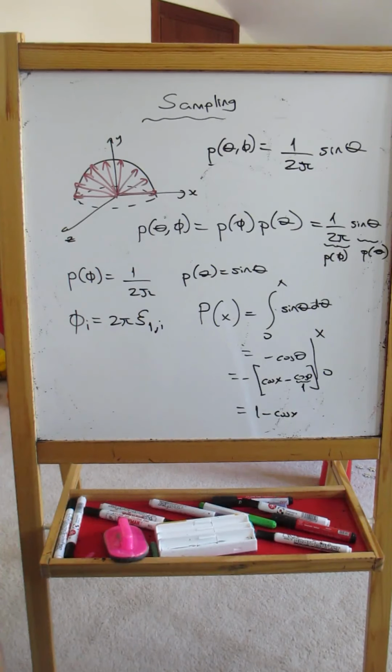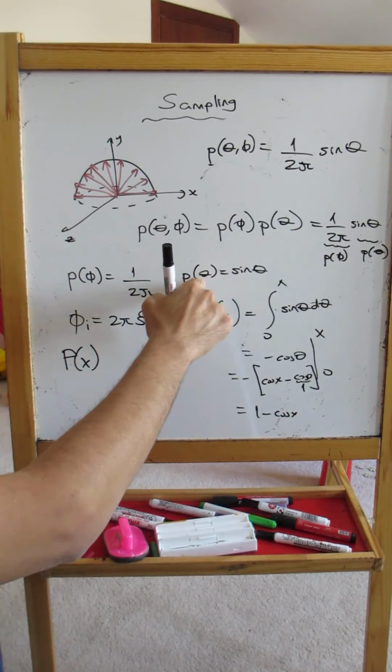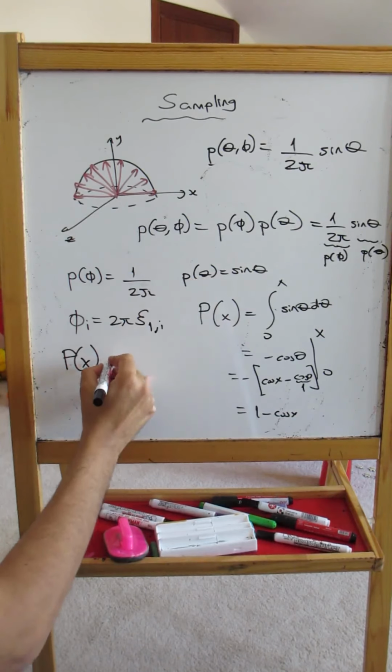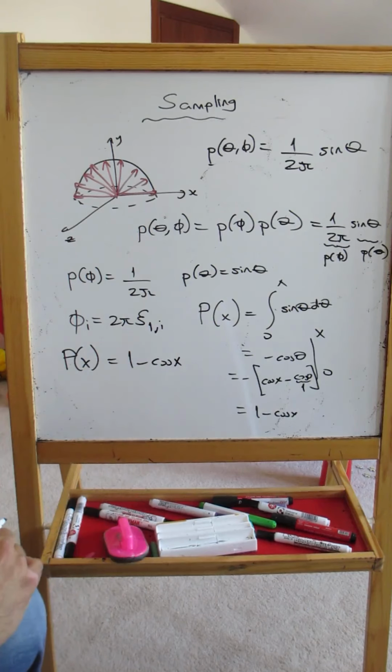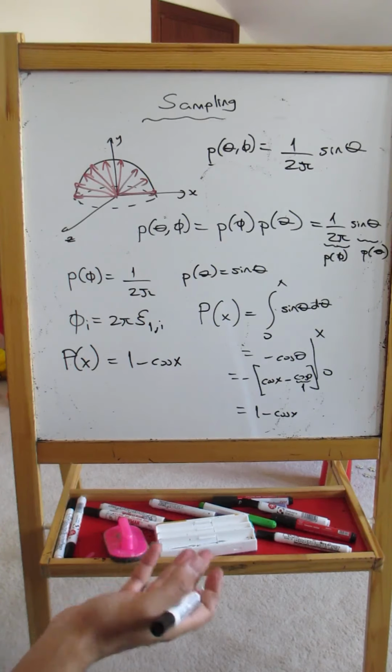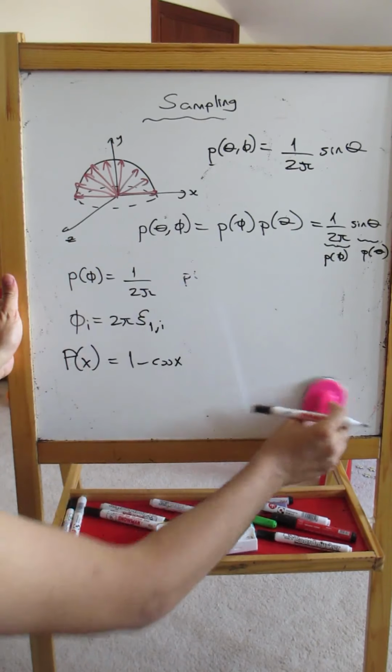Okay, so the CDF for this one is equal to 1 minus cosine x. Now in the next step, what are we going to do? We are going to find the inverse of this. Okay, so let's clean this part.